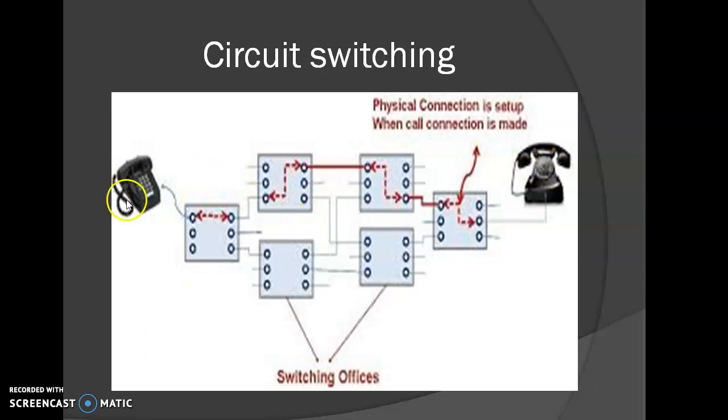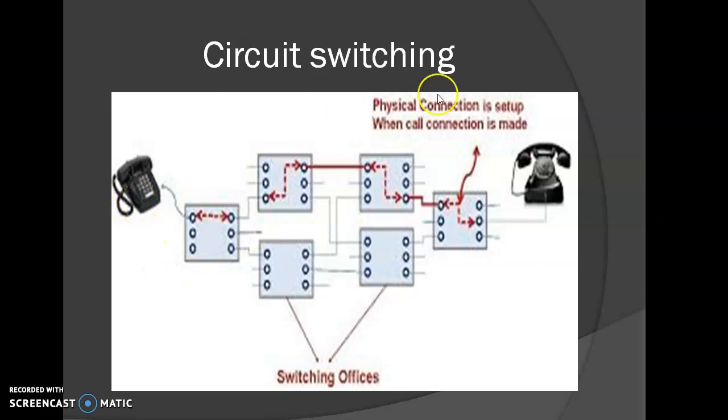Before you get to speak to the person on the other side of the line, there has to be a physical connection set up. That means you have to fix a route beforehand. Once the route has been fixed, then you will be able to make the call.